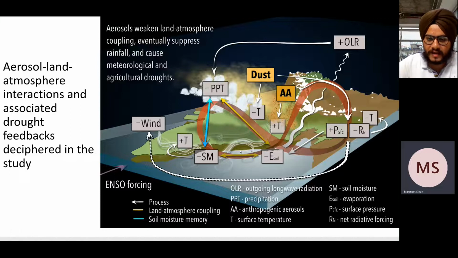So the land atmosphere coupling, which manifests between the precipitation, evaporation and soil moisture, and how it is linked to the aerosols, in turn leading to the reduction in the precipitation or causing the widespread and extended meteorological and agricultural droughts, we have deciphered in this study.